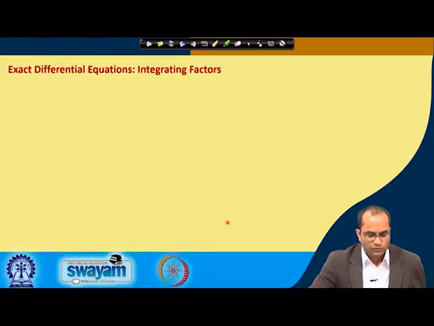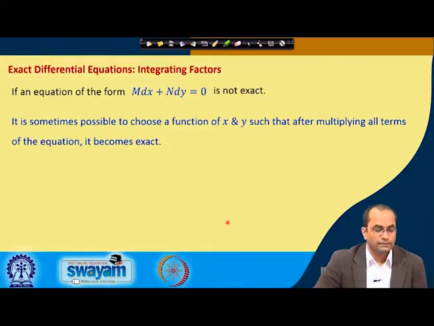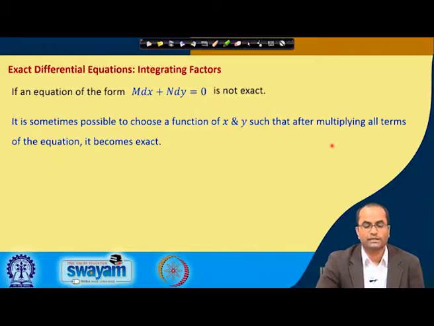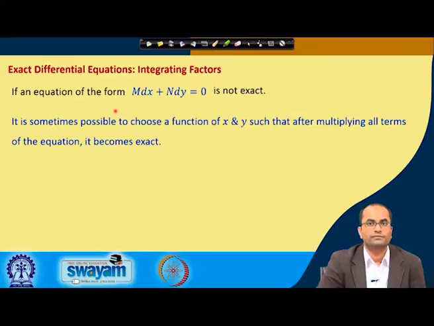Now, what is to be done when the given equation is not exact? If an equation of this form is not exact, it is sometimes possible to choose a function of x and y such that after multiplying the given equation by that function, the equation becomes exact.